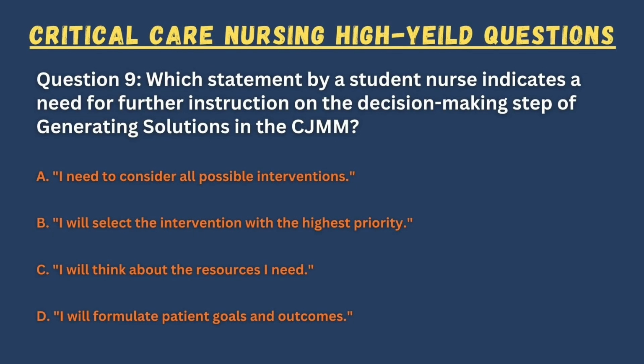Question 9. Which statement by a student nurse indicates a need for further instruction on the decision-making step of generating solutions in the CJMM? A. I need to consider all possible interventions. B. I will select the intervention with the highest priority. C. I will think about the resources I need. D. I will formulate patient goals and outcomes.